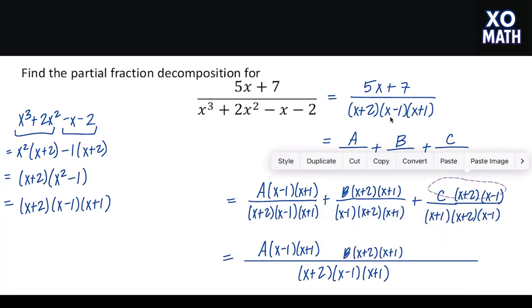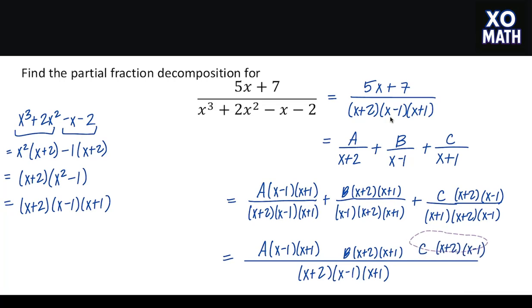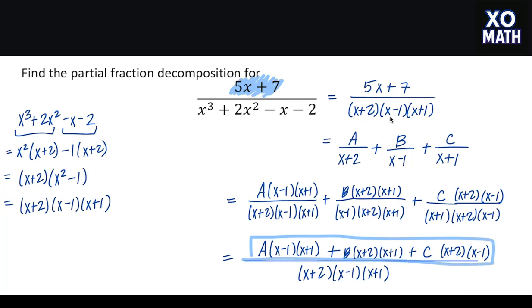These three pieces added together have to equal the original numerator, 5x plus 7. That's the equation we're going to be working with, which I'm going to write out on a clear slide.